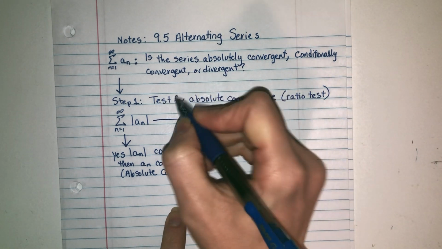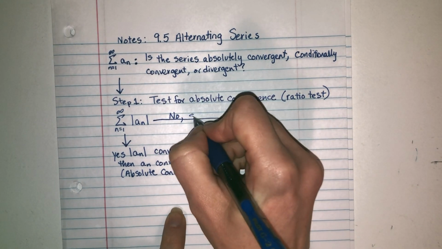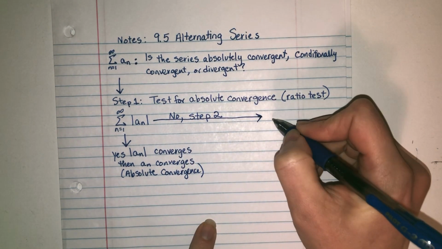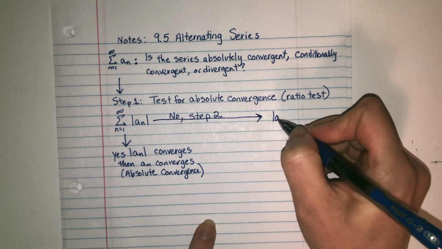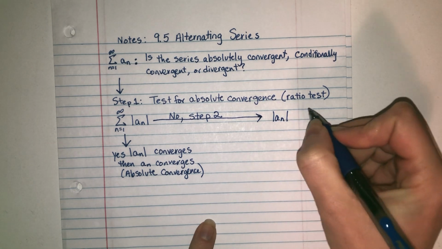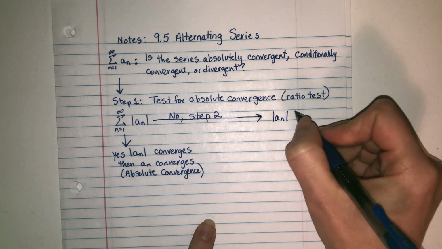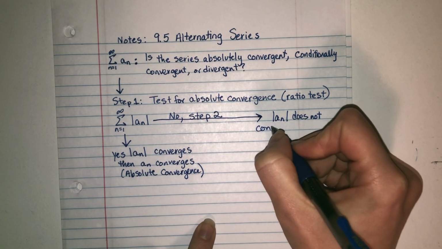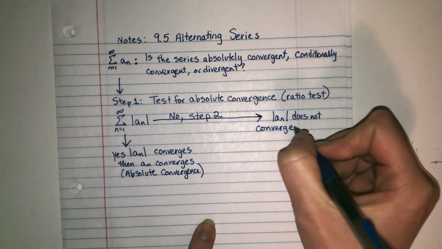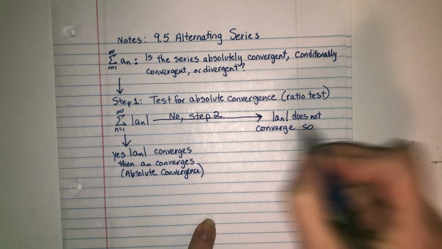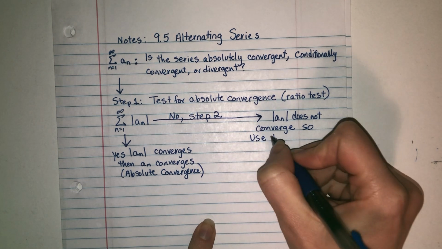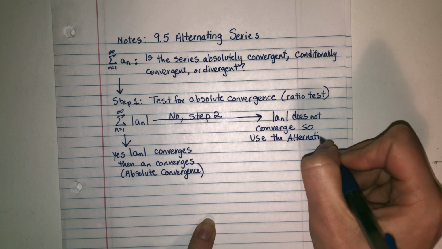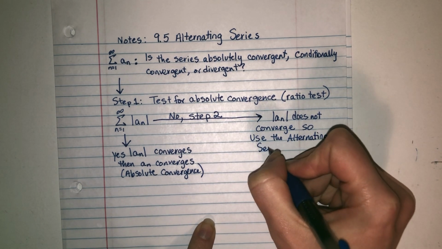However, if the answer is no, then we have to go to step 2, and that is the absolute value of a sub n does not converge, so we're going to use the alternating series test.